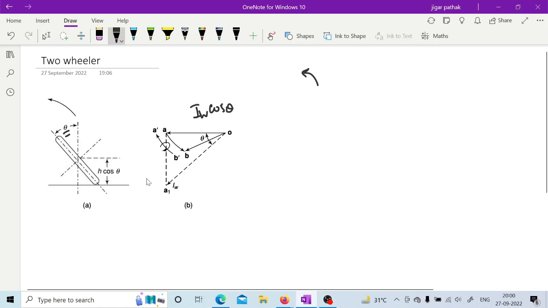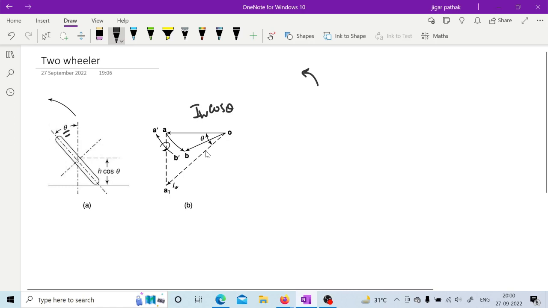But if you have observed bike races, the biker is not allowed to reduce speed while taking a turn. So those bikers give this tilt angle in order to achieve equilibrium. Otherwise the couples which are generated may overturn or skid the vehicle.